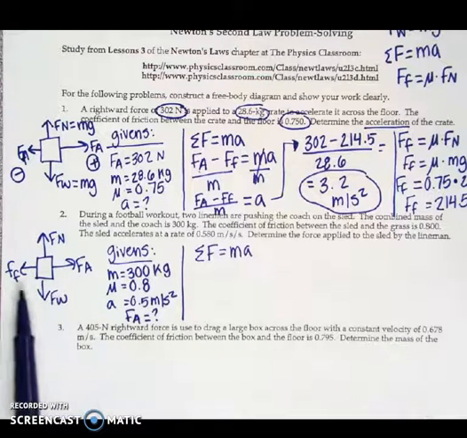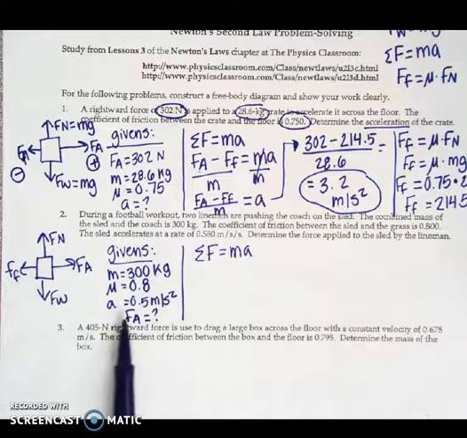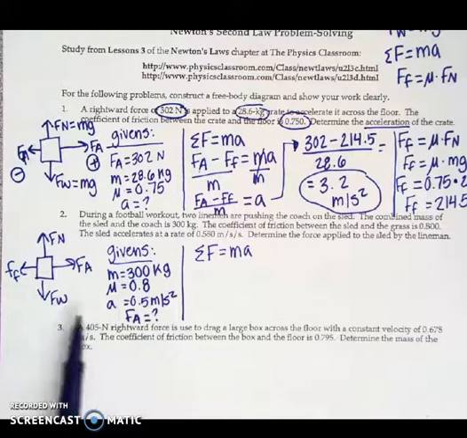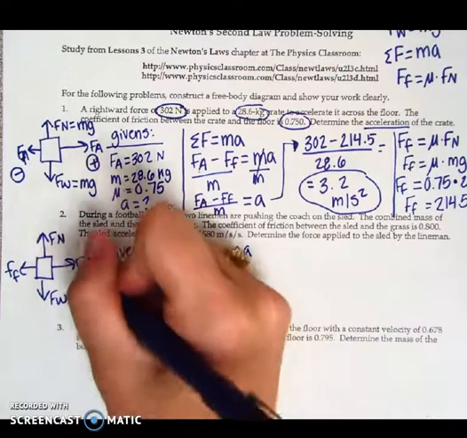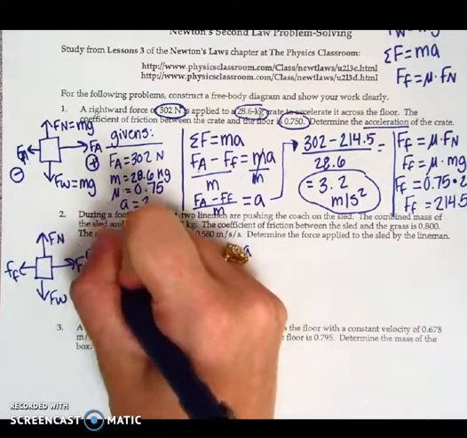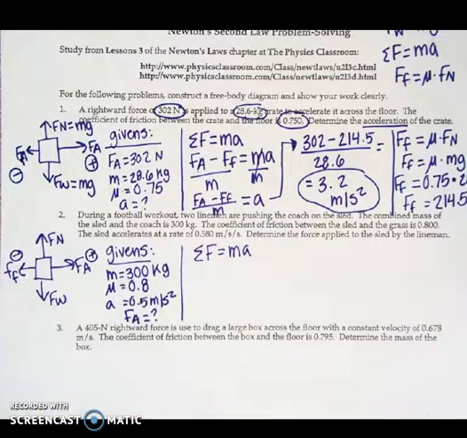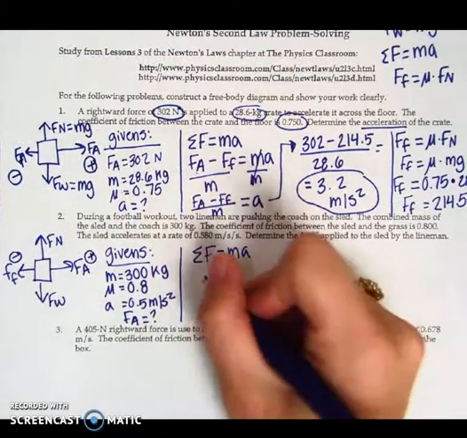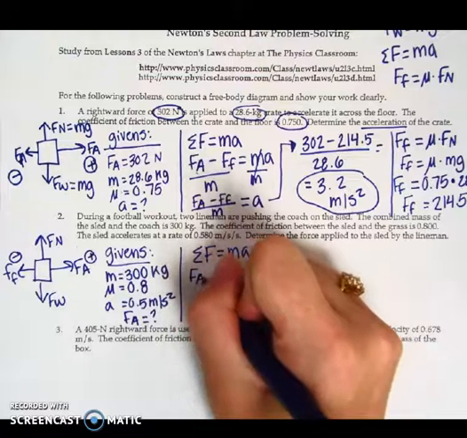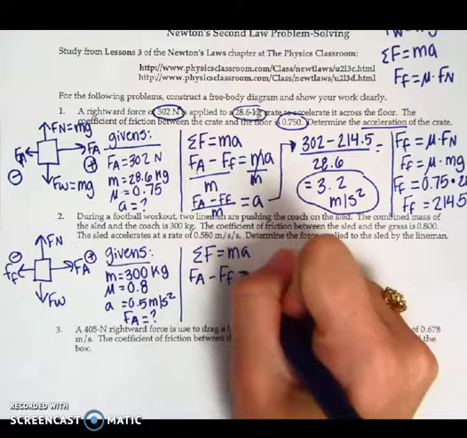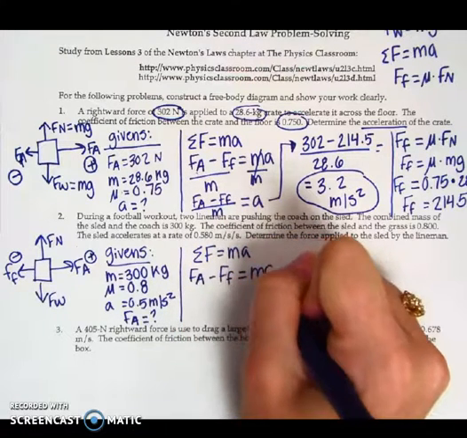However, our horizontal forces are going to be unbalanced. Again, we have a type of acceleration, so we know we have some type of unbalanced force. But now we just need to assign them direction. Remember, positive is always in the direction that the object's moving, and negative is going to be everything pointing in the direction that it's not moving. So again, we're just going to write this out as FA minus FF equals MA.